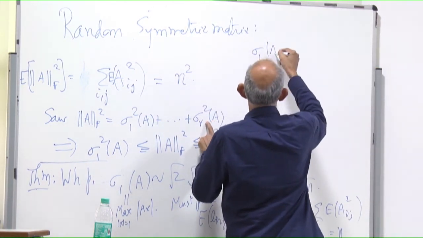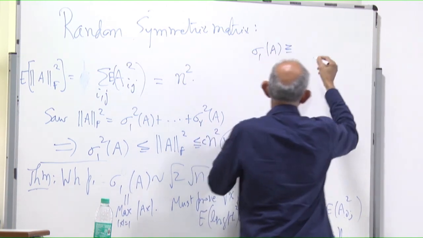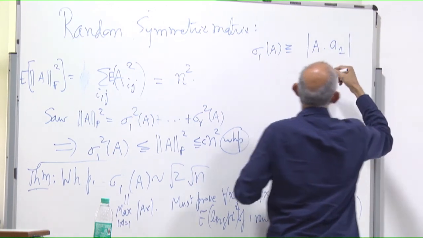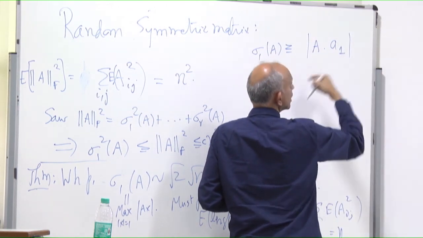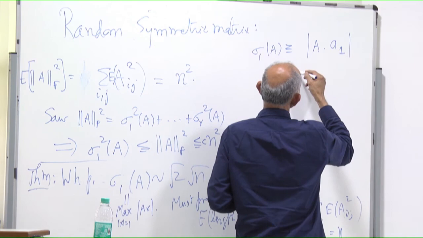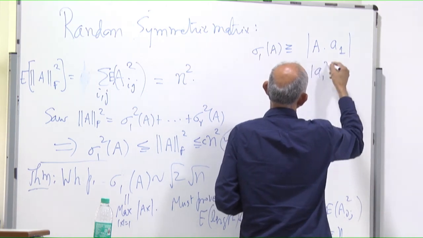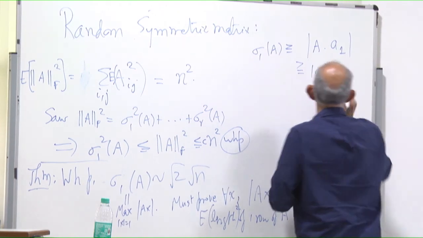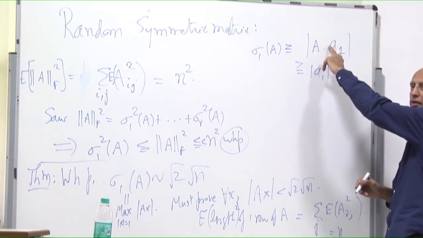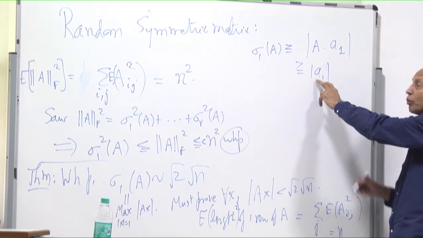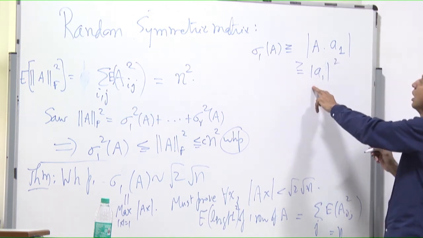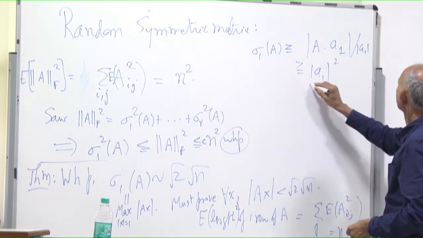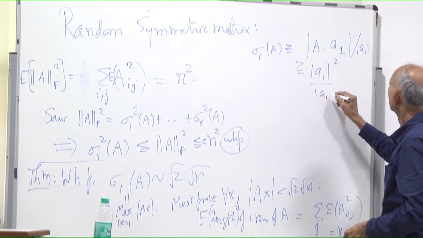Sigma 1 of any A is greater than or equal to the length of A times the first row, written as a column, which is equal to the length of A1 squared. So I take the first row dot product with this, right? So that's the length squared. Sorry, I have to divide by the length of A1, right? I have to make a unit length vector.